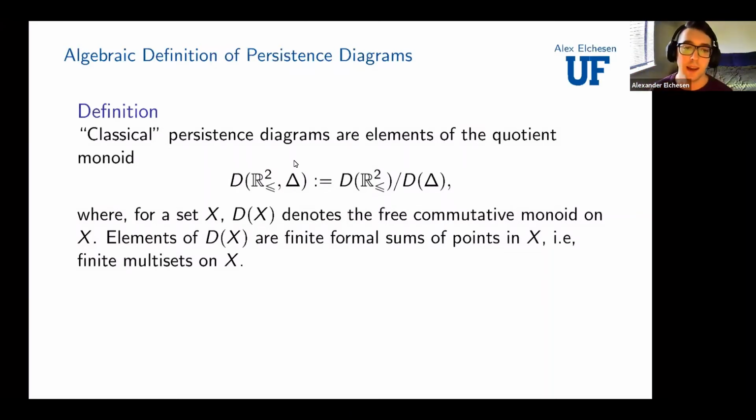For a set X, D(X) denotes the free commutative monoid on X. Its elements are just finite formal sums of points in X, which are equivalent to finite multisets on X, with the monoid operation just being addition of finite formal sums. What we do is take the free commutative monoid on the upper half plane, including the diagonal, and then we mod out by the free commutative monoid on the diagonal.